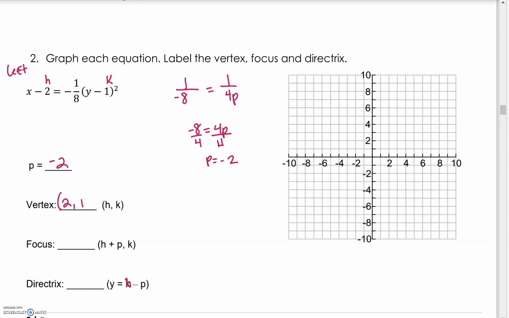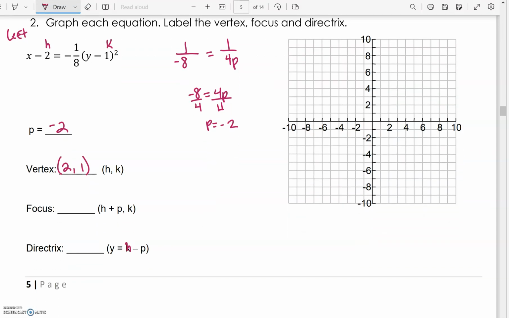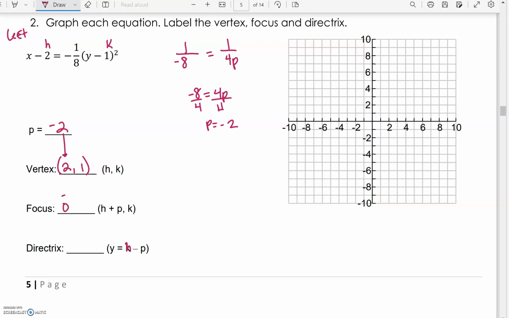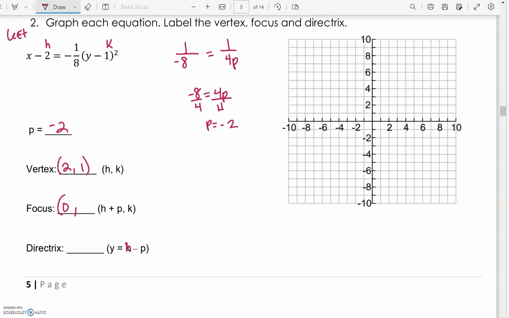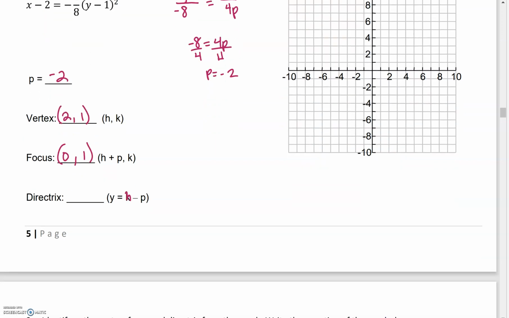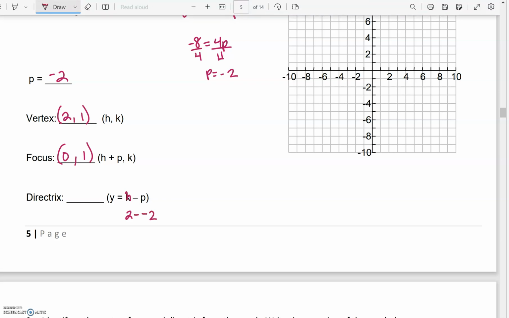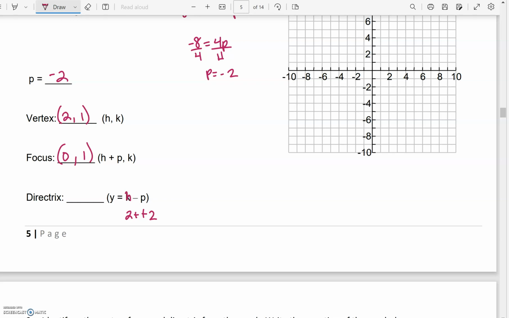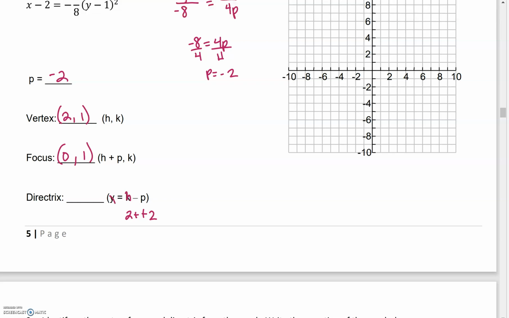and then a 1 for K. And then we're going to add our P and our H to get 0, and then the 1, just bringing K down, and then H minus P. So if H is 2 and we're subtracting -2, that's going to ultimately become a double negative, and we're going to have, oh, and that should be X, and X equals 4.